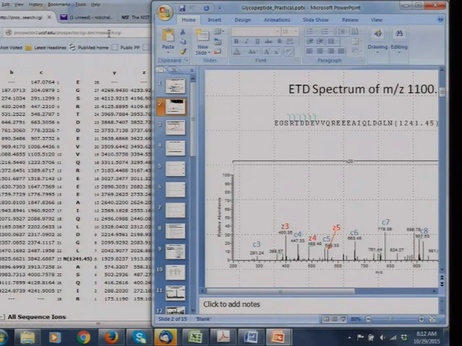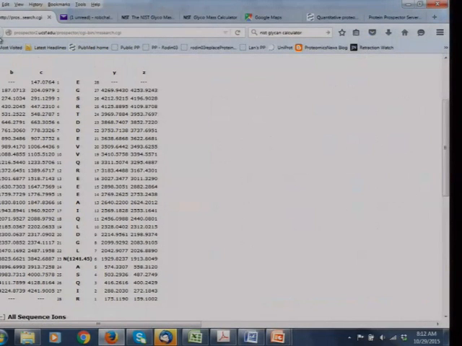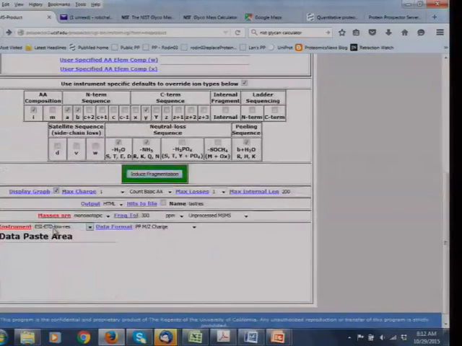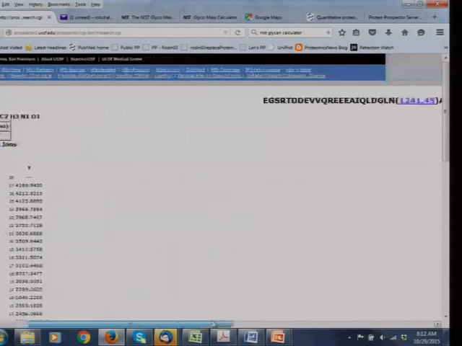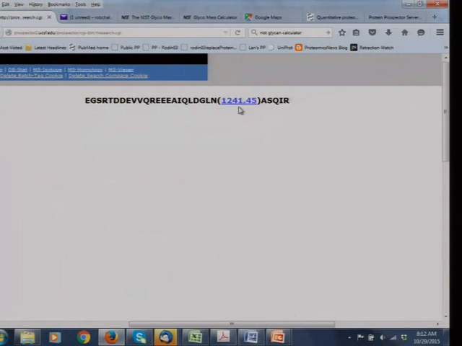And so you can also do the same thing, telling it that it's CID data. And now it's going to tell us the B and the Y ions, because that's what we're going to expect from CID data. But this software is not intelligent enough to know that the sugar is going to fall off.